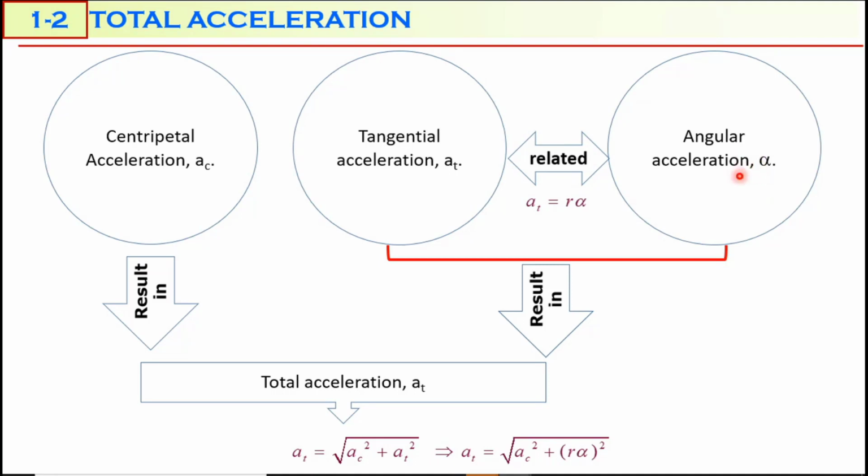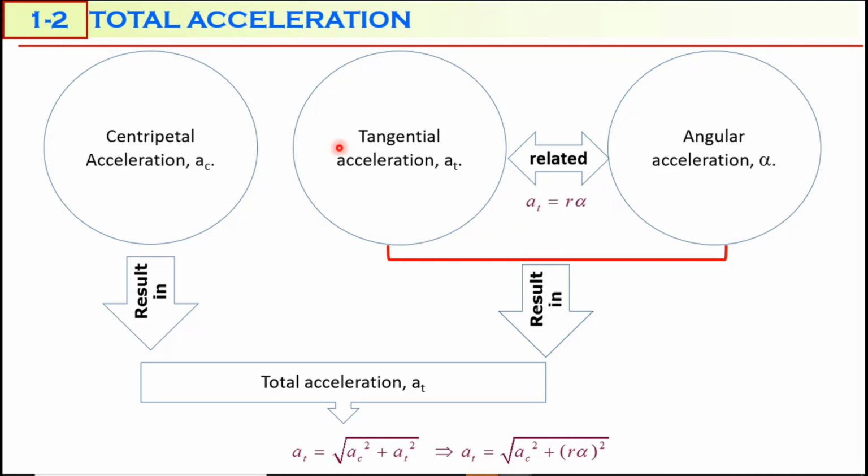And in section 2, we said that if an object is speeding up or slowing down, like the horse on the carousel, we can also write an acceleration because of the change in tangential speed, which is known as tangential acceleration. Angular acceleration and tangential acceleration are related by the equation AT is equal to R times alpha.